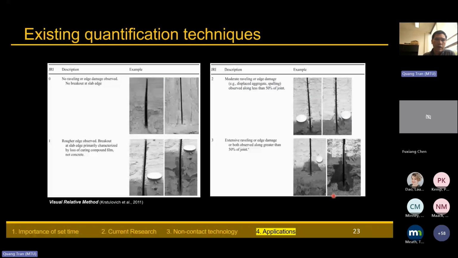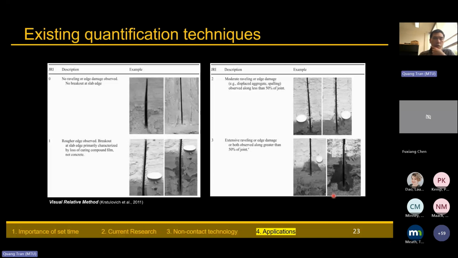All we have are ranks from the JRI index, which is very qualitative. It ranges from 0 to 3, but all they do is put a coin or a quarter right next to the saw cut, compare the spalling damage with the size of the coin, and from there evaluate the raveling index.